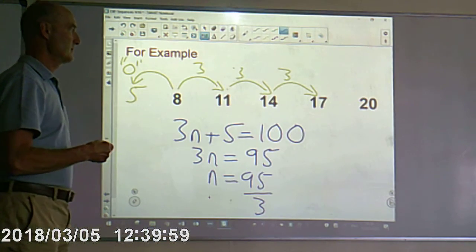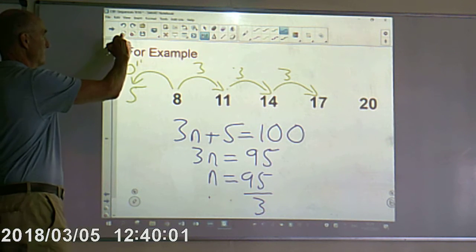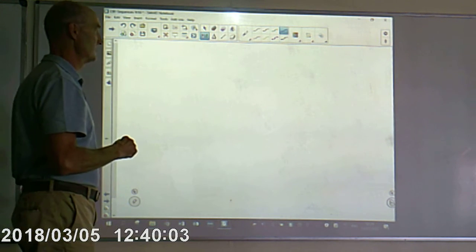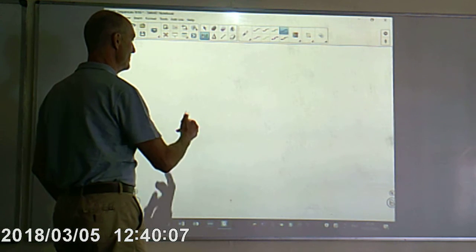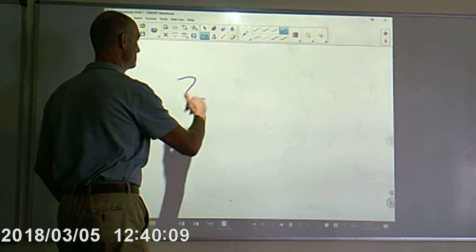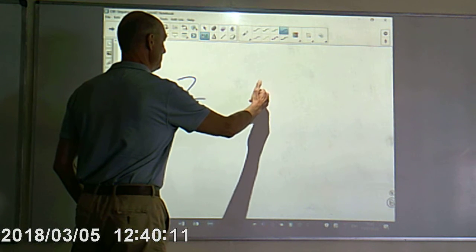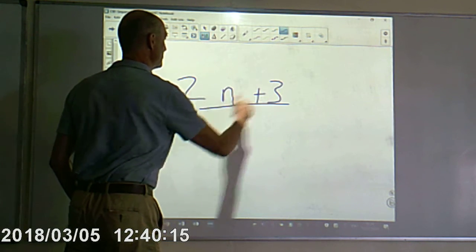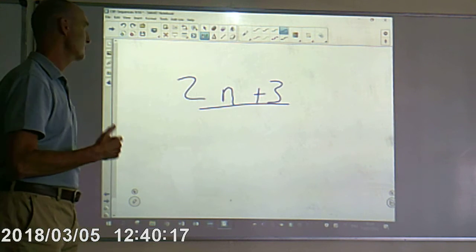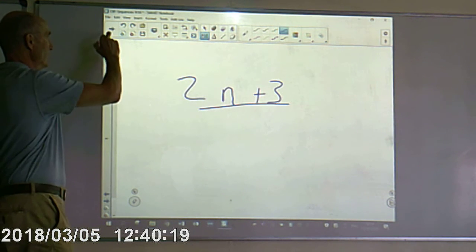Okay? And then to find an nth term, we're looking at the difference between the numbers, the previous term, and then bang in an n to give us an nth term. So those two things we need to collect.